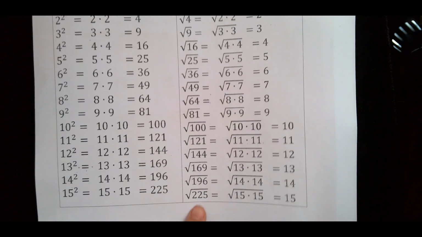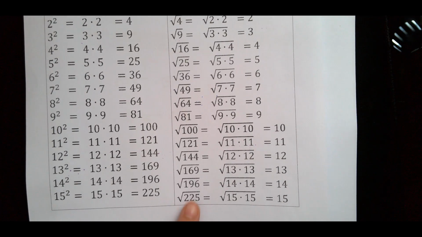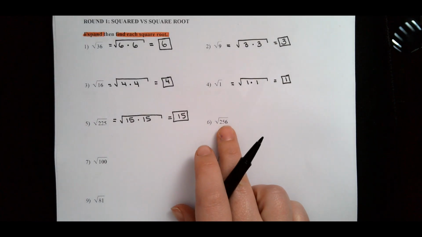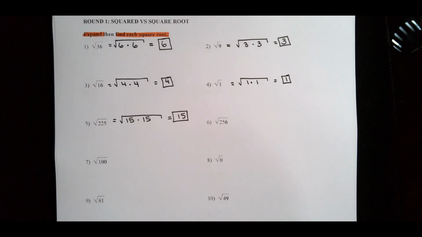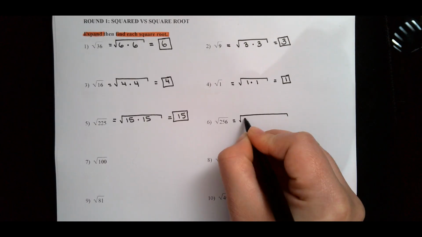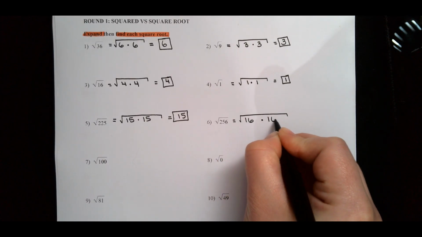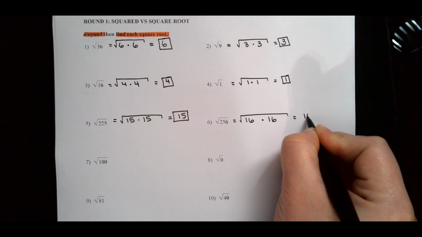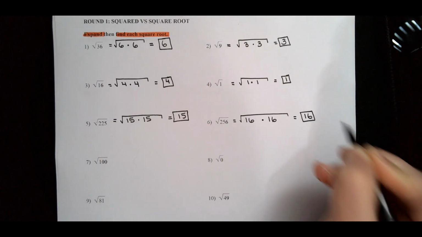Oh, it looks like it's not here. So you can skip this one if you would like, because it's not on your sheet. That is okay. I expected smaller numbers, but I'm going to go ahead and do this for you. This is 16 times 16, which gives you 16 as an answer.